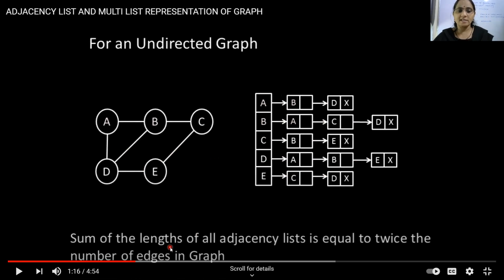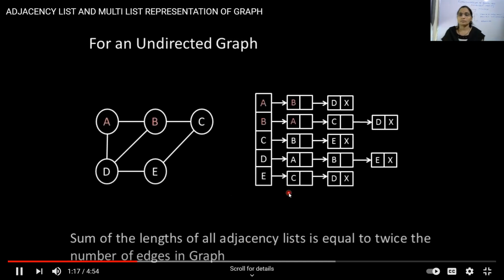And this is the statement: the sum of lengths of adjacency lists is equal to twice the number of edges. The number of edges is 6, and here the total length of the adjacency lists is 12. 6 into 2 is 12. But in case of the directed graph, these are equal.